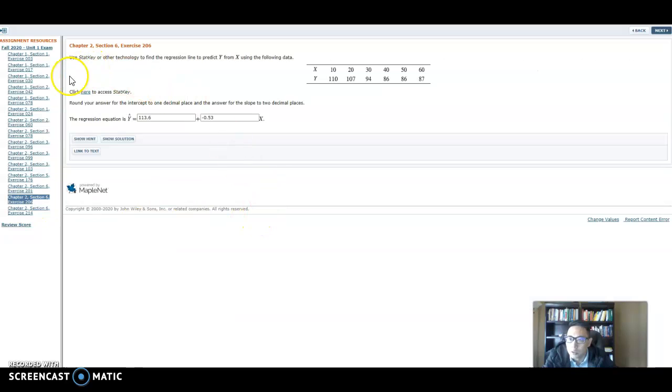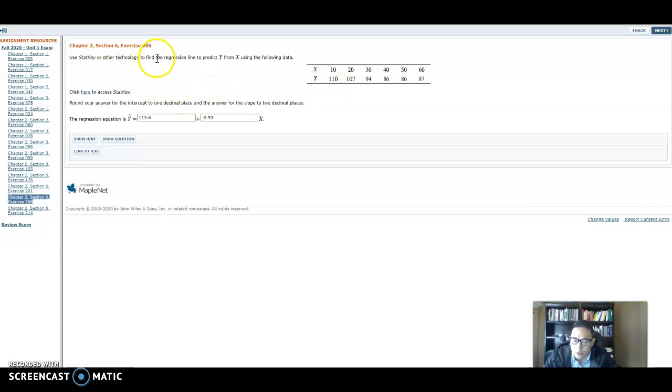Then number 206. For this problem, they give you the data set, and you can use the STAT key to get the regression line, where x is the explanatory variable and y is the response variable.